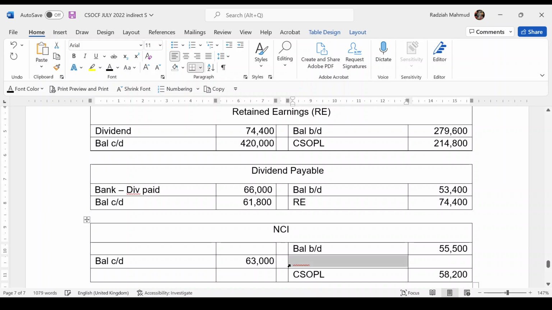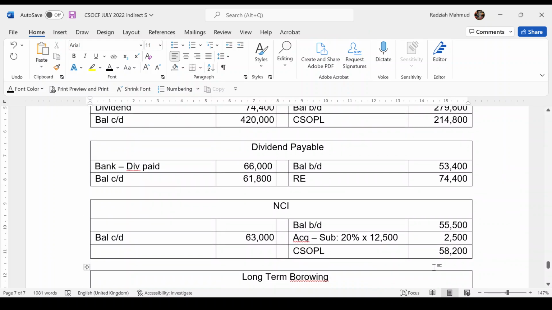Okay, and then here we have acquisition of subsidiary. So let's calculate, which is 20% times. We look at the question just now, we have 12,500. So therefore here we will have 2,500.